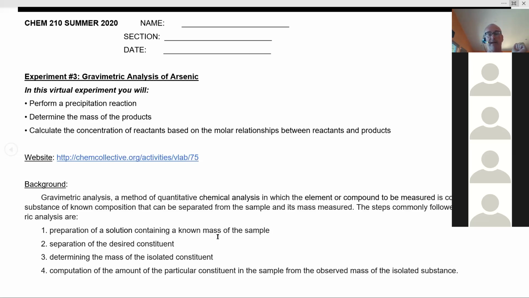Yesterday in class, we learned a little bit about polyatomic anions, right? We learned that different elements combine with oxygen, like phosphorus forms phosphates, and nitrogen forms nitrates.